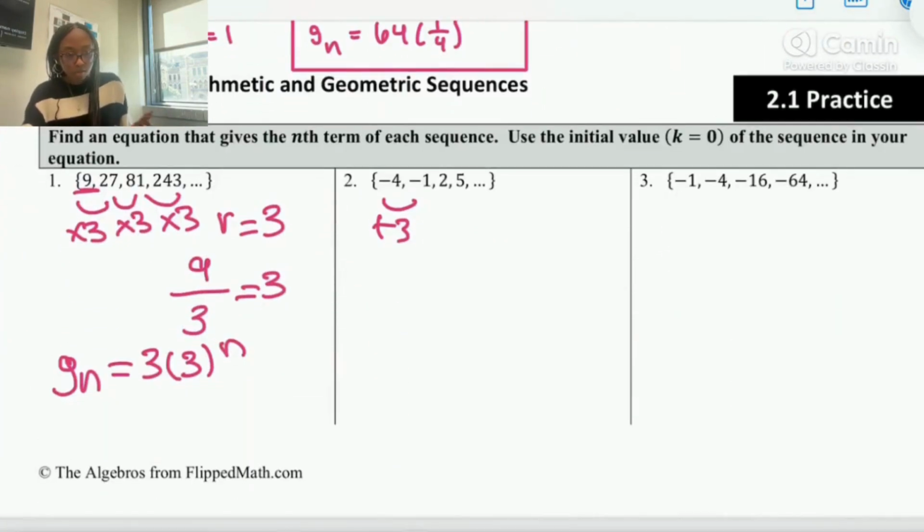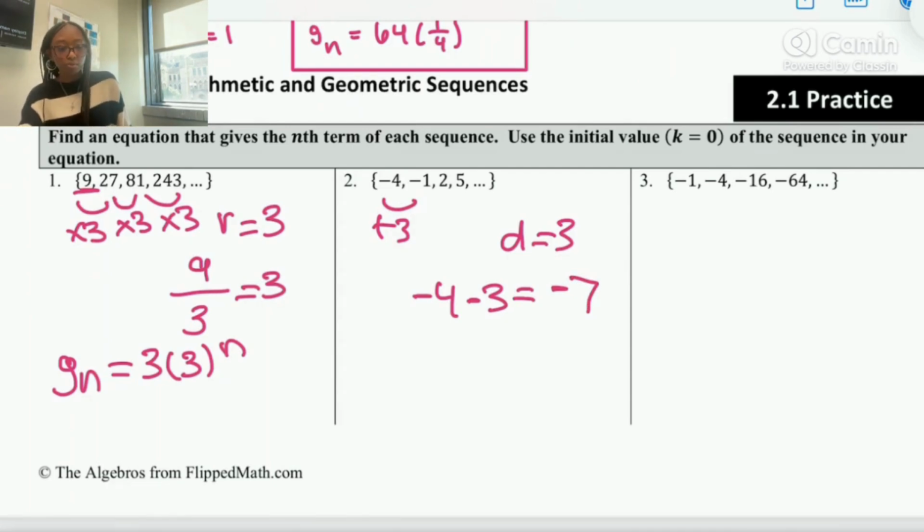So going back down, our common difference is 3, so d will equal 3. And to find our 0th term, we have to go back from -4. So -4 minus 3 will give us -7. So now we have our two most important pieces of information. We plug those in. a of n equals -7 plus 3n.